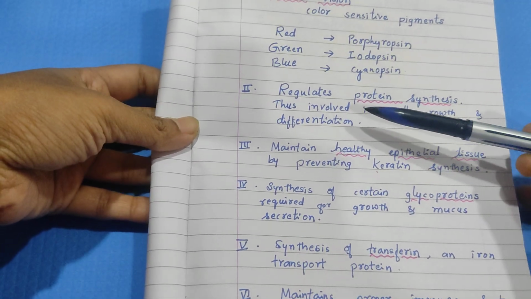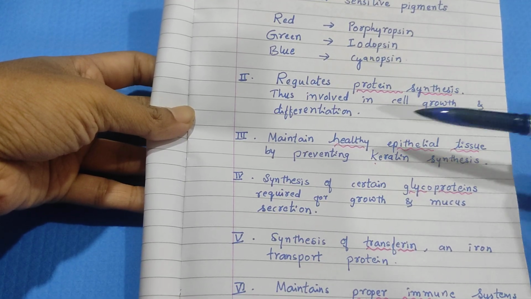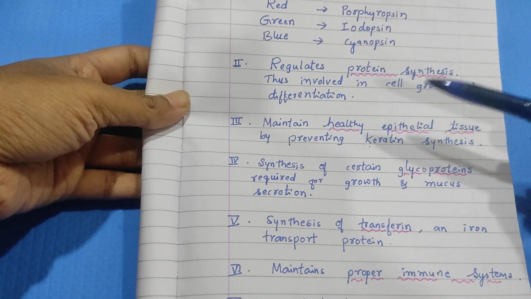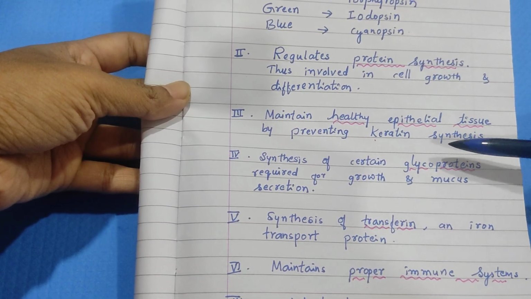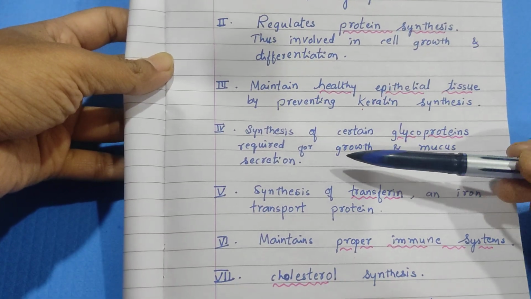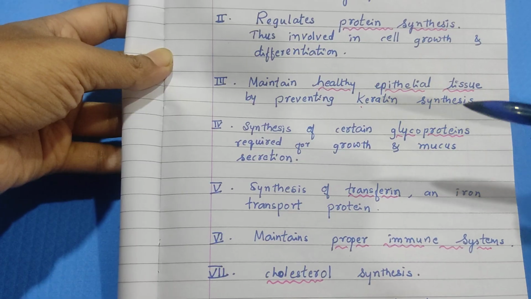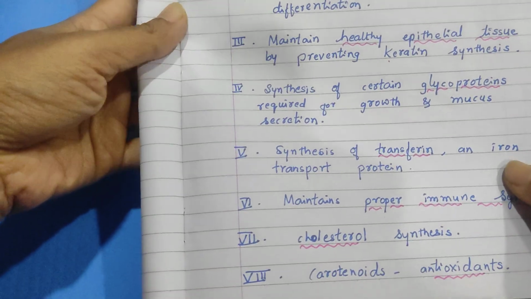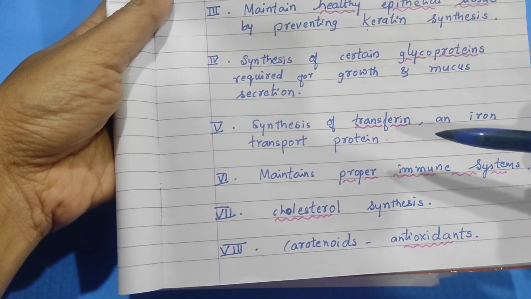Vitamin A also regulates protein synthesis, thus involved in the cell growth and differentiation. And it also maintains healthy epithelial tissue by preventing the keratin synthesis. Synthesis of certain glycoproteins required for growth and mucous secretion. It also helps in the synthesis of transferrin, which is an iron transport protein.